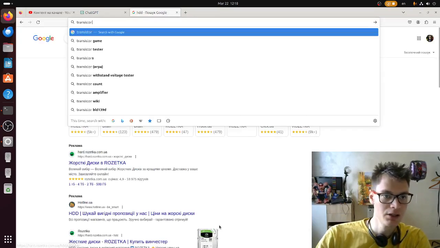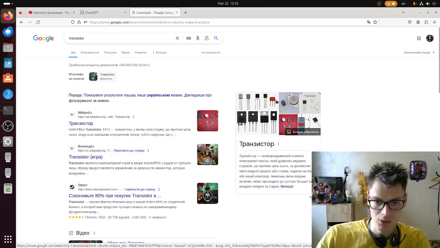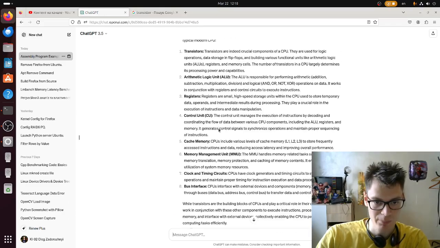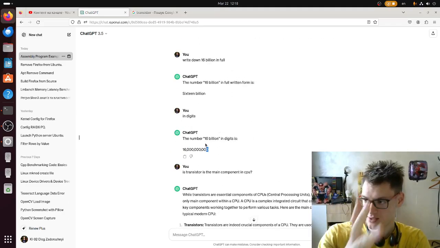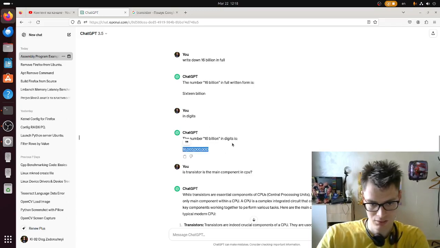Never mind. So what is a transistor? I have a question right now. Here is a transistor. How does a processor, which is less than my hand, have these 16 billion?